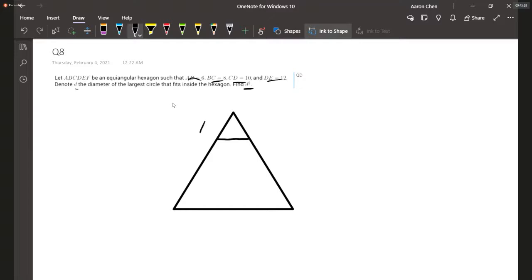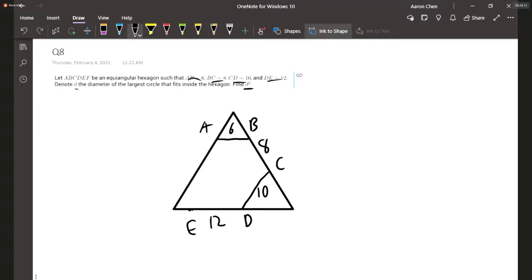AB is equal to 6, BC is equal to 8, CD is equal to 10, DE is 12, and so we want to find the remaining bits.